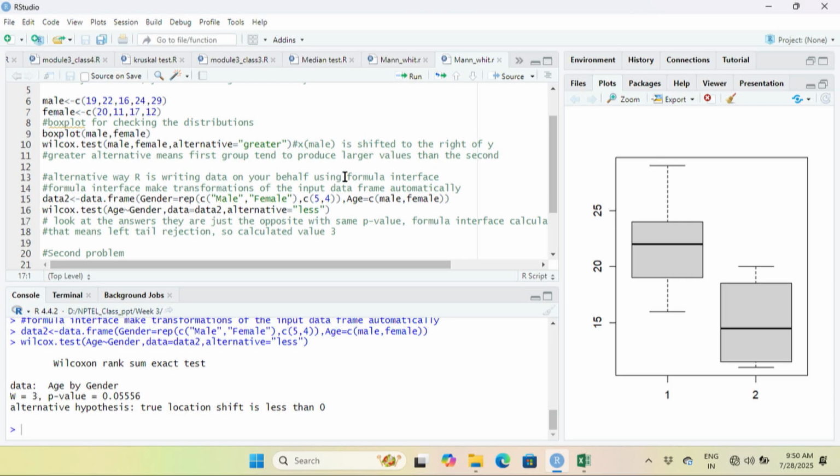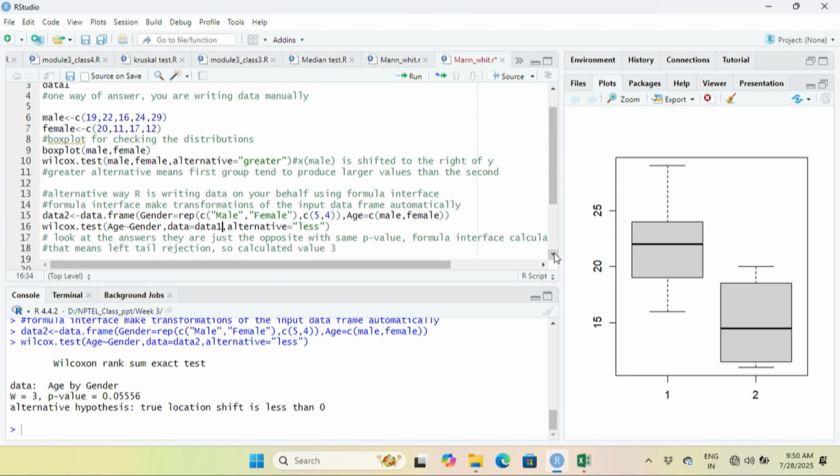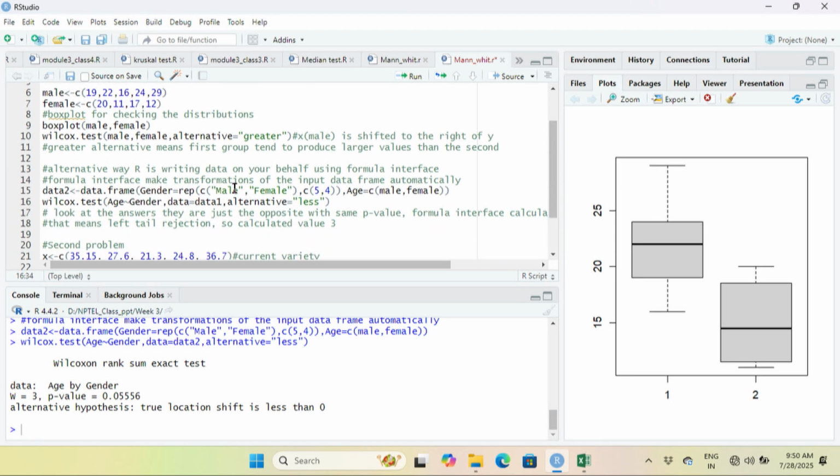That means I am referring back to that data1, and data is equal to data2. In fact, directly you can write data1 as well, no problem. Why data1? Data1 was the initial name of the data which I stored in the CSV file. Clear? Now we are making another data frame. Without making that data2, you can directly go for that. The same thing you will have.